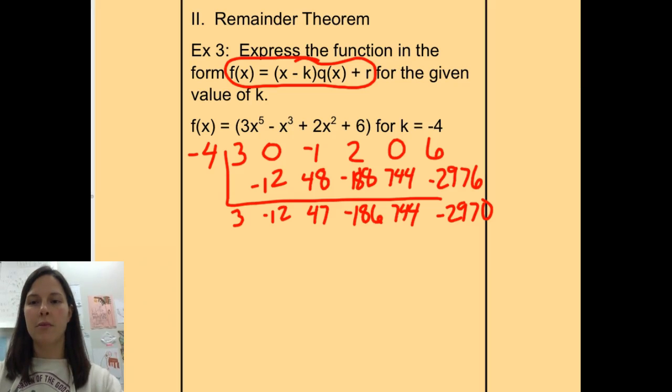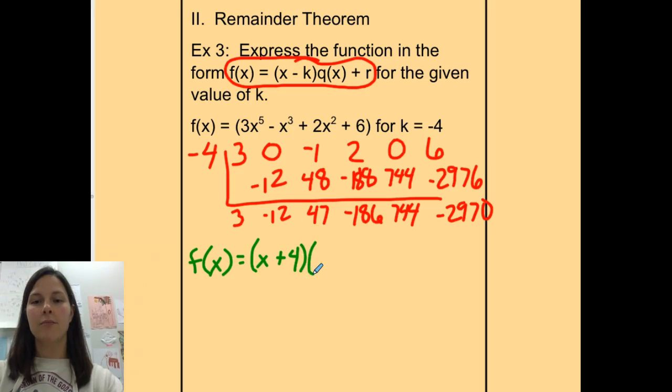All right, so here's what the remainder theorem tells us. It tells us that the function that we were originally given would be equal to what we divided by, now we're going to put that -4 into the absolute value, times the quotient or the result of what we got when we divided. Remember to drop a power when you start adding those variables back in.